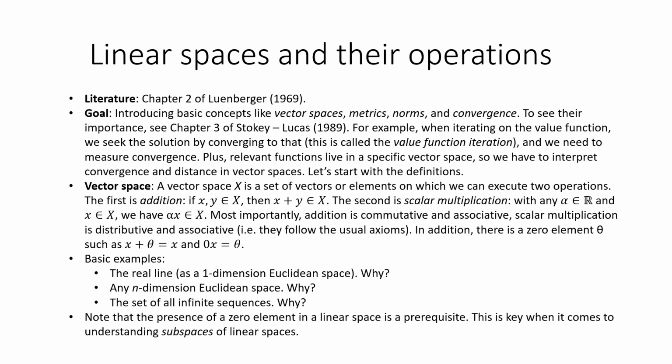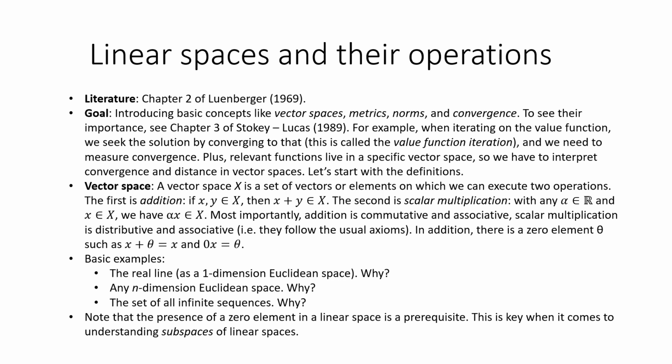So with respect to addition, the vector space must be closed. The second operation is scalar multiplication. If we have a real scalar and we multiply an element in a vector space with this scalar, the result must also be in the same vector space.